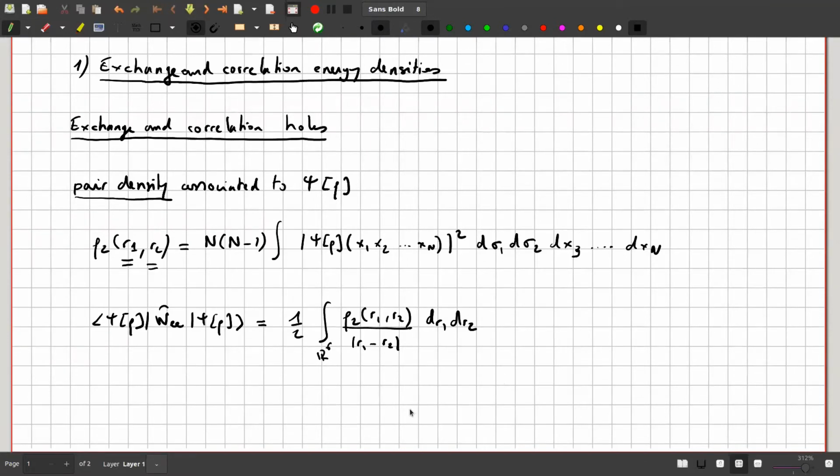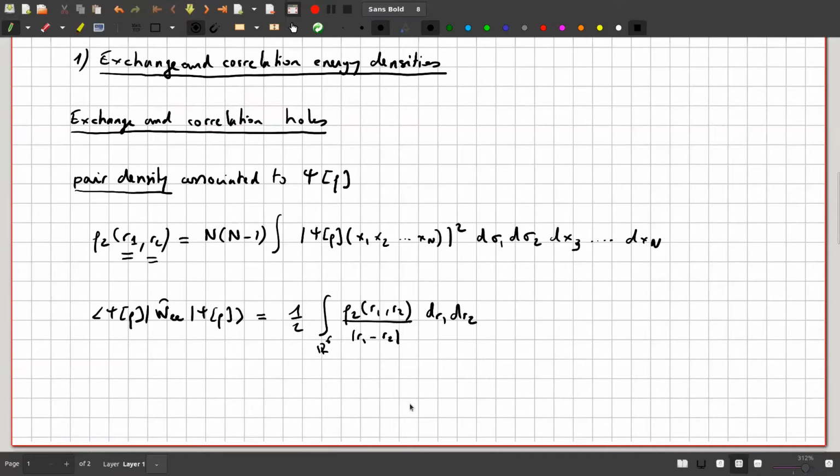Now, what we can do with this quantity is to define a sort of Hartree and exchange correlation contributions. So rho 2 can be decomposed into the product of the density at R1 and the density at R2. That's sort of the Hartree contribution to the pair density.